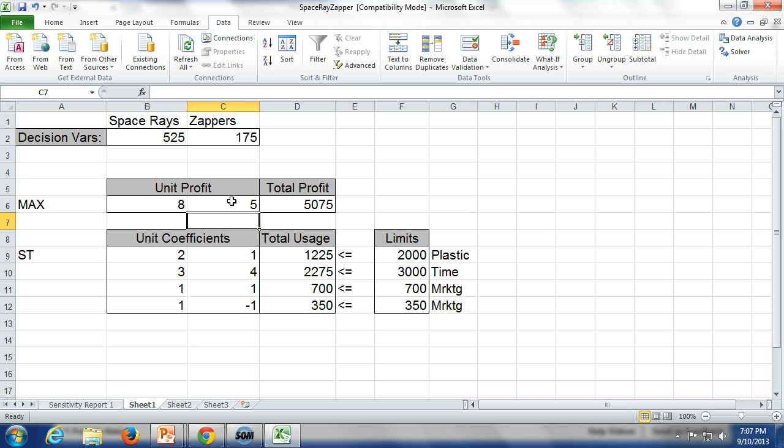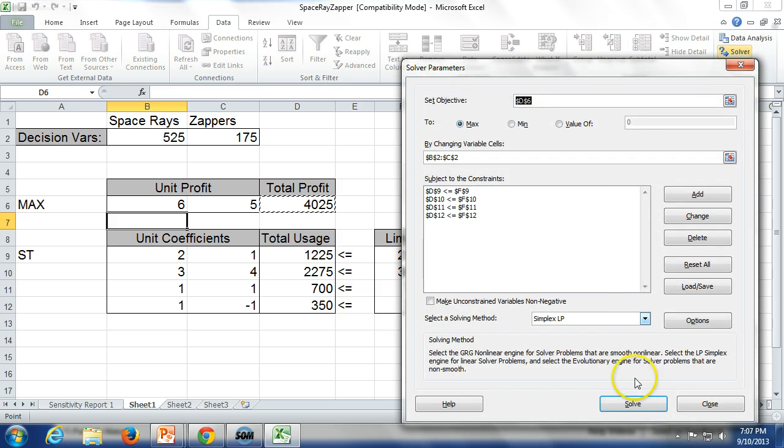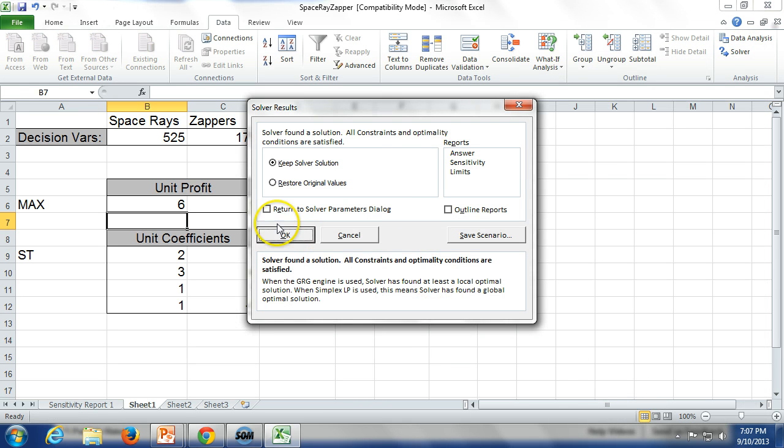And if we look at the range of optimality for space rays, it's from 5 to infinity. So if I go down to, let's say, $6, and I resolve, is anything going to change from the 525 to 175? It's not, because it's in the range of optimality.